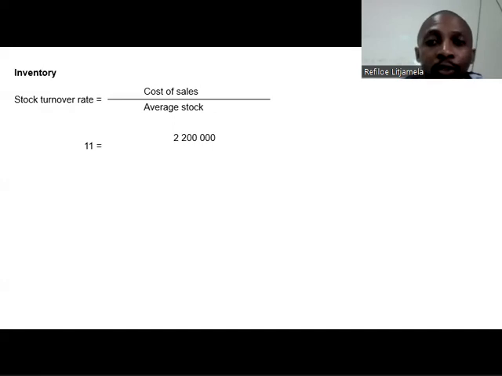Inventory for this year was 260,000. So all you are going to do now is to take 260,000 plus last year's inventory, which is just X because we don't know it. And then when you add them, you will simply multiply by a half to get your average. That's how you calculate your stock turnover rate.